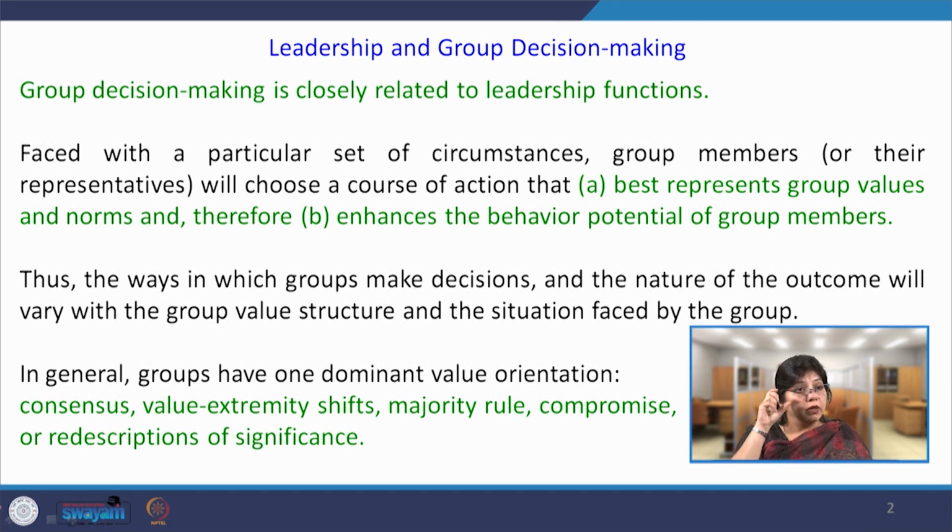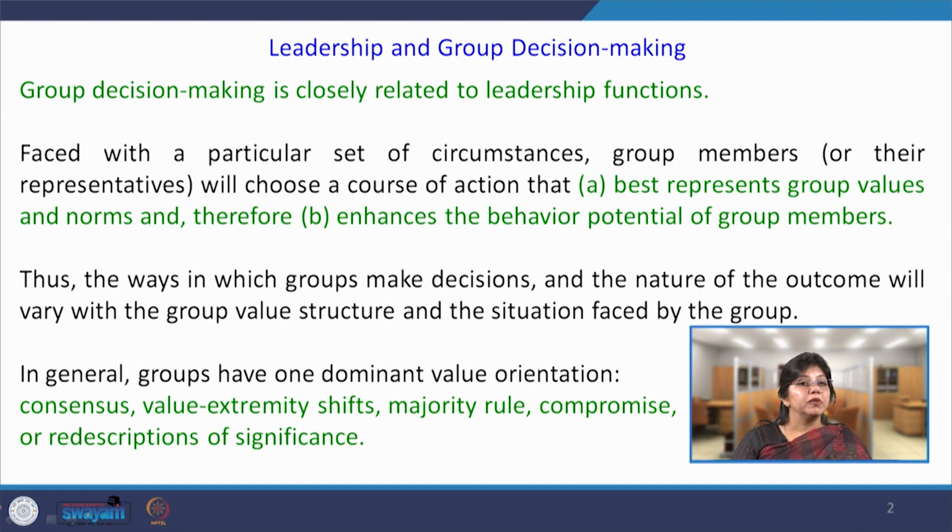To create an alignment between these two, the decision making style and the outcome are balanced by the group values and the situation. To understand this mechanism, group scientists have identified certain value orientations.